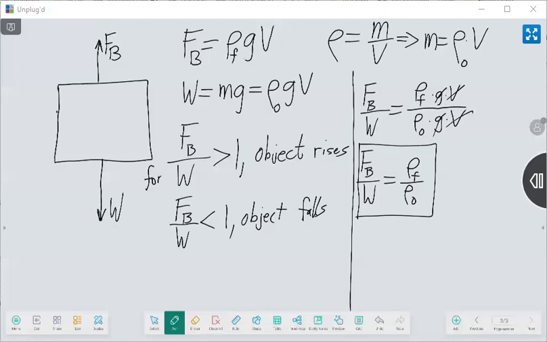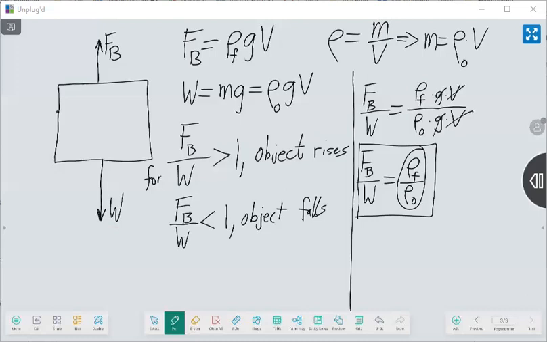Densities aren't forces. They lead to forces when you multiply by G and the volume. But the ratio of the up force and the down force is equivalent to the ratio of the densities. And this is why Flerfs like to say, oh, well, the density of the object is greater than the density of the fluid, so it falls down.